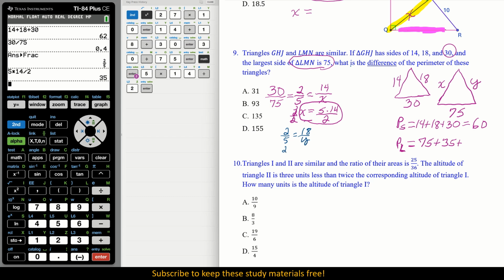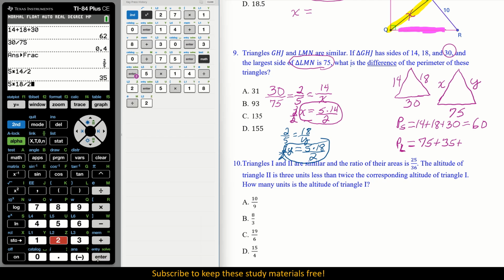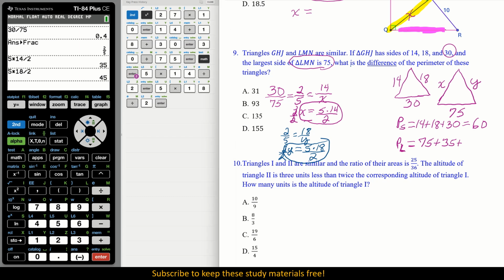That means I have 2y equals 5 times 18. Divide by 2, divide by 2, that cancels out. This is what I put in the calculator: 5 times 18 divided by 2, and that gives me 45.